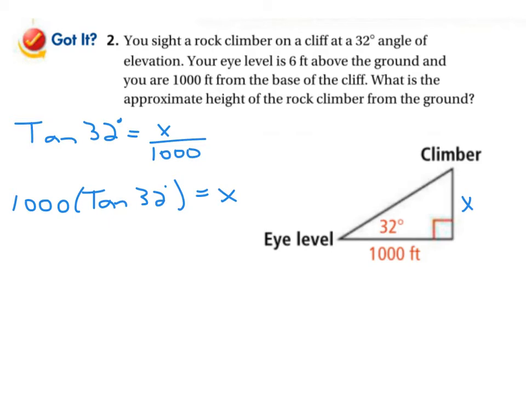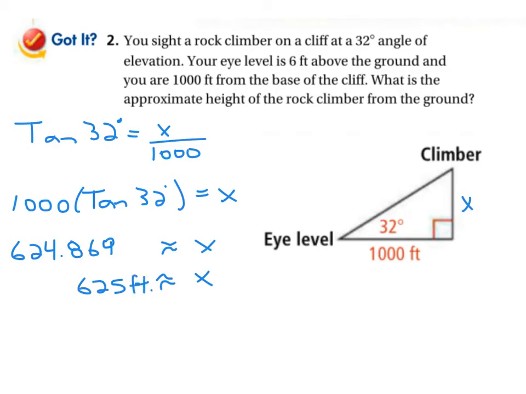Tangent of 32 times 1,000, and x is approximately equal to 624.869. Okay, and let's just say we're going to do it to the nearest foot. So if we round this off to the nearest foot, we've got approximately 625 feet.